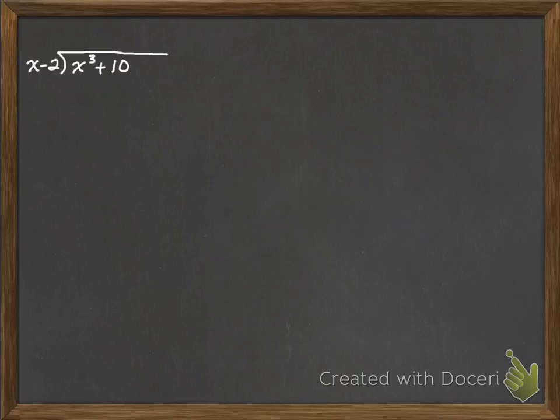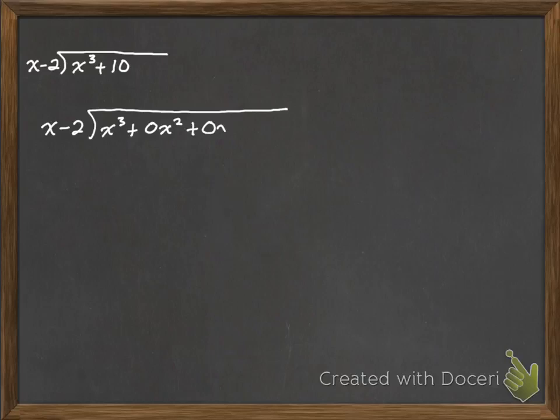So let's rewrite this problem as x minus 2 here. X cubed would be a first term. We need placeholders for the x squared term. So we're going to put a 0 x squared and a placeholder for the x to the first term, so plus 0x, and then plus our constant.